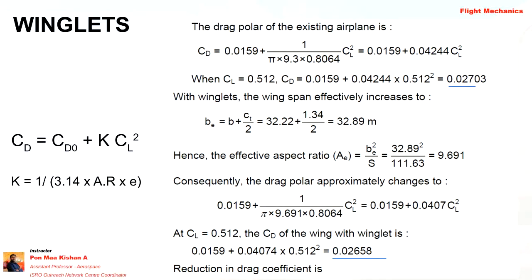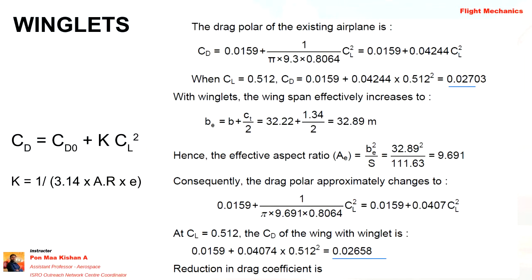So those who have selected that 0.0365, they don't know the usage of winglet. So usage of winglet is to reduce the drag, not to increase the drag. Okay. So those who have chosen 0.0365, they have just randomly chosen. I hope they didn't calculate it. Okay. So please be careful. At least have the basic sense. Winglet is used to reduce the drag.